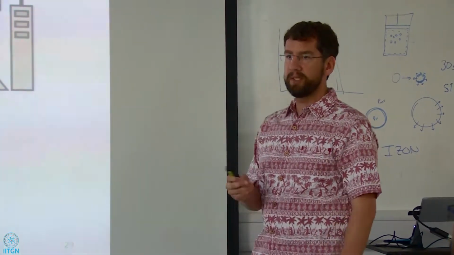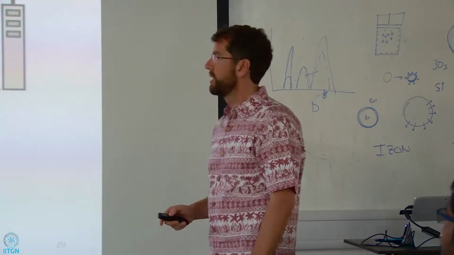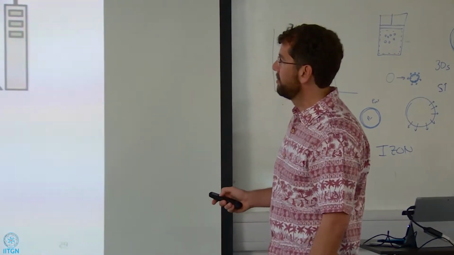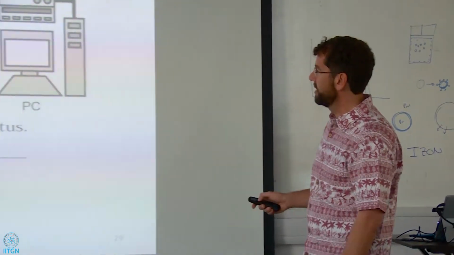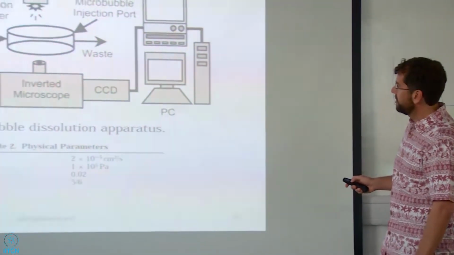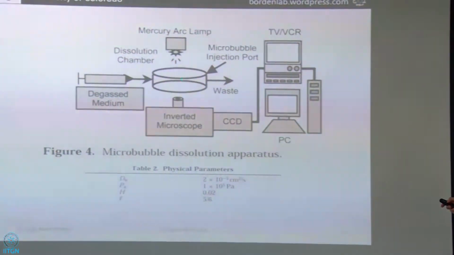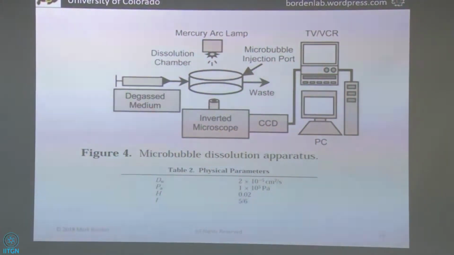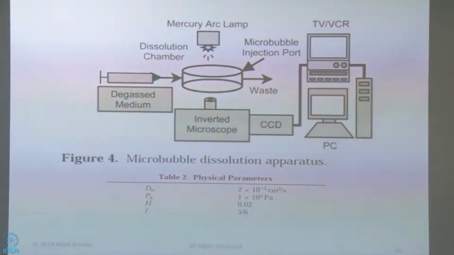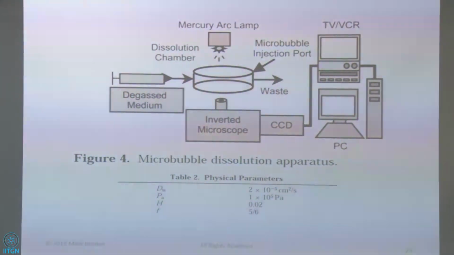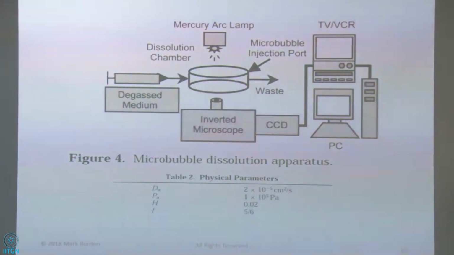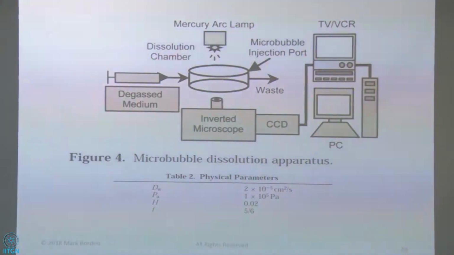I think you guys have something set up similar to this concept, where you have a bubble under a microscope in some kind of chamber, and you suddenly subject it to degassed liquid, and then you watch it dissolve, and you fit the model to the radius versus time curve, and determine the mass transport properties. Okay?